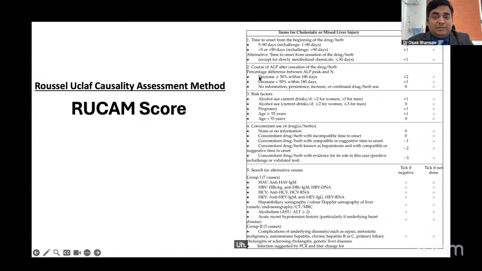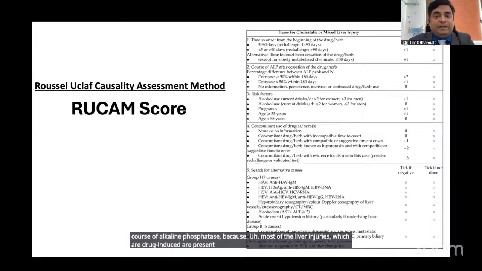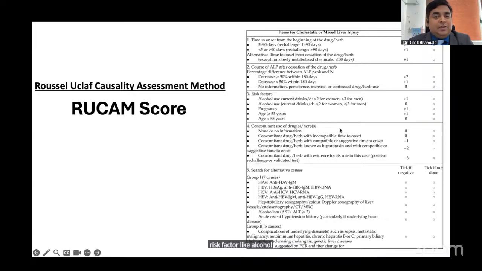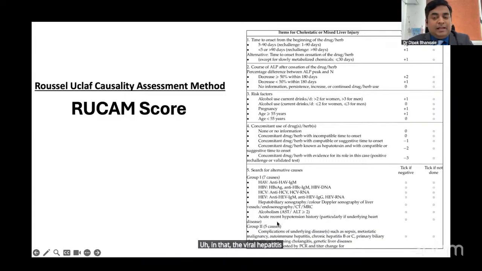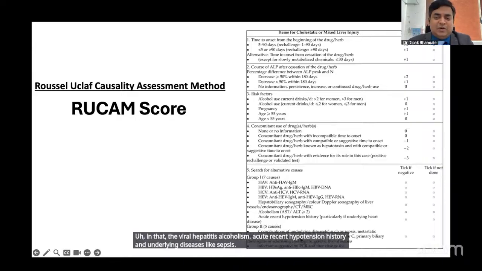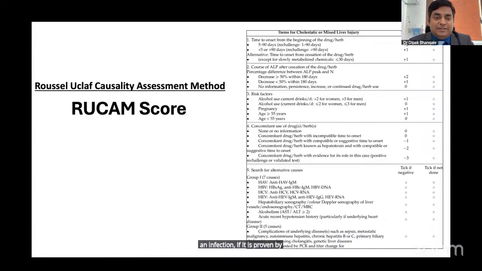Then the course of alkaline phosphatase, because most drug-induced liver injuries present in a cholestatic pattern, which is why alkaline phosphatase is included here. Risk factors like alcohol, pregnancy, age, and concomitant use of drugs known to cause liver injury are given points. There are negative points too, because we need to rule out some diseases: viral hepatitis, alcoholism, acute recent hypotension history, and underlying disease like sepsis, metastasis, malignancy, autoimmune hepatitis, known earlier liver disease, chronic hepatitis B and C, and infection proven by PCR and cultures.